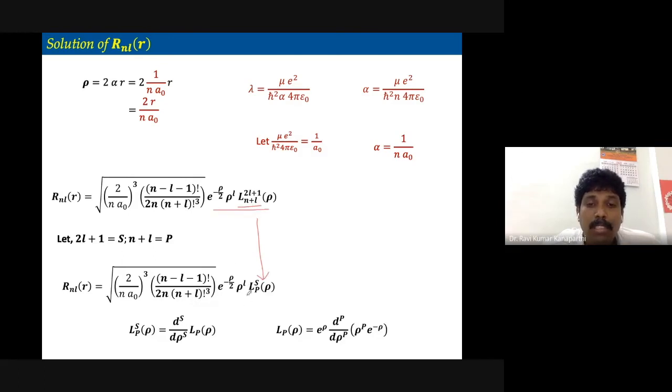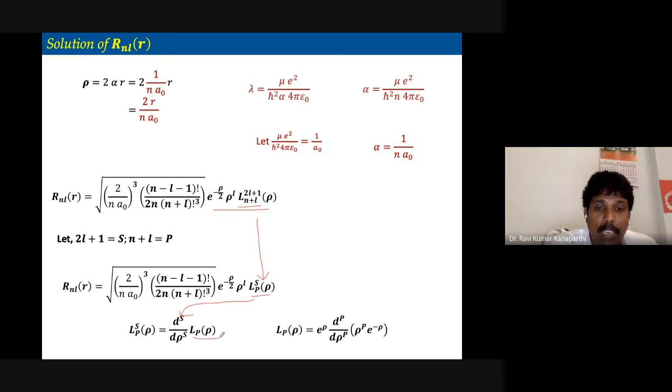Now what is this? It can be evaluated using this formula. L suffix P superscript S of rho is equal to d to the power S upon d rho to the power S, multiplied by L P of rho.